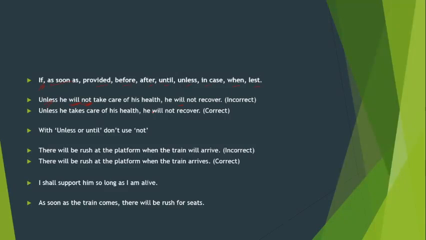If a conditional sentence is a first conditional, then you have to use will in the second half of the sentence. Like we have studied, if she goes, she will win.